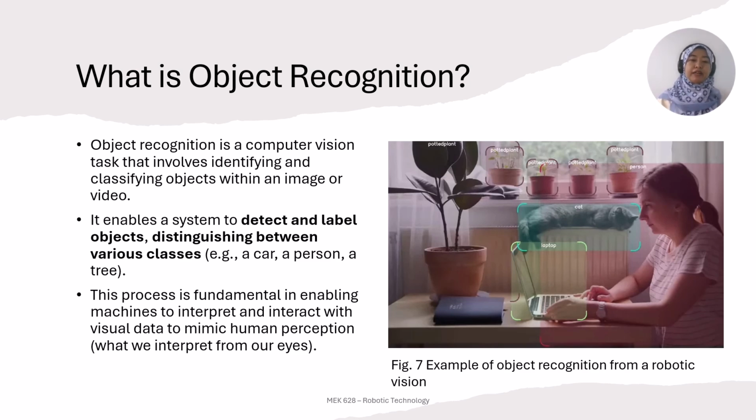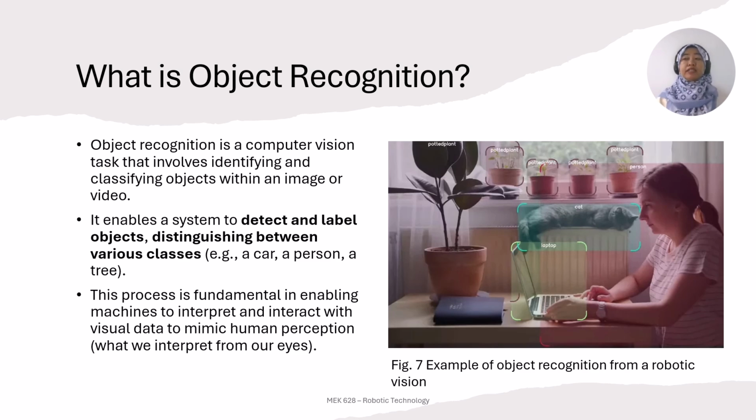For example, we have our own eyes, and we have our own brain that translates that data automatically into a meaningful object. All right. So this object recognition awareness creates awareness in the robot that allows them to make decisions.